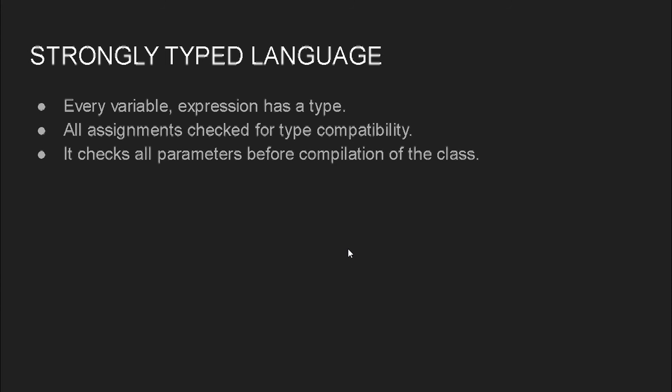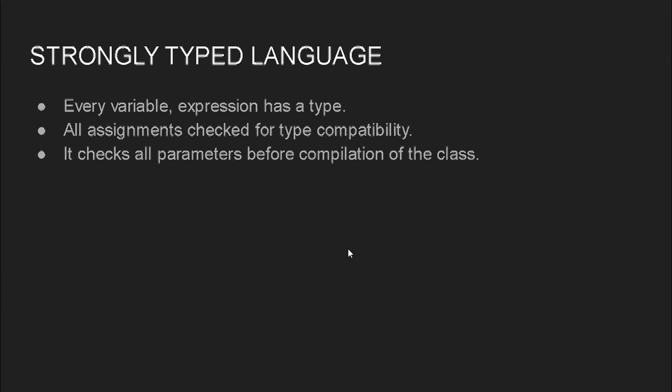What exactly is happening inside that? It is comparing whether the value of i is less than 2 or not, and it is going to return either true or false. If i is less than 2, it will return true. However, if i is greater than 2, it is not less than 2, so it is going to return false. So even an expression has a type in Java.